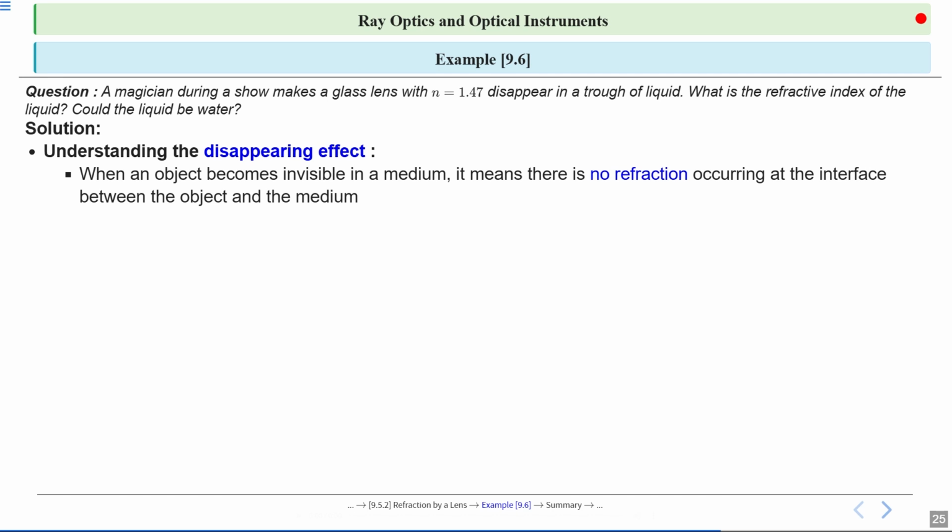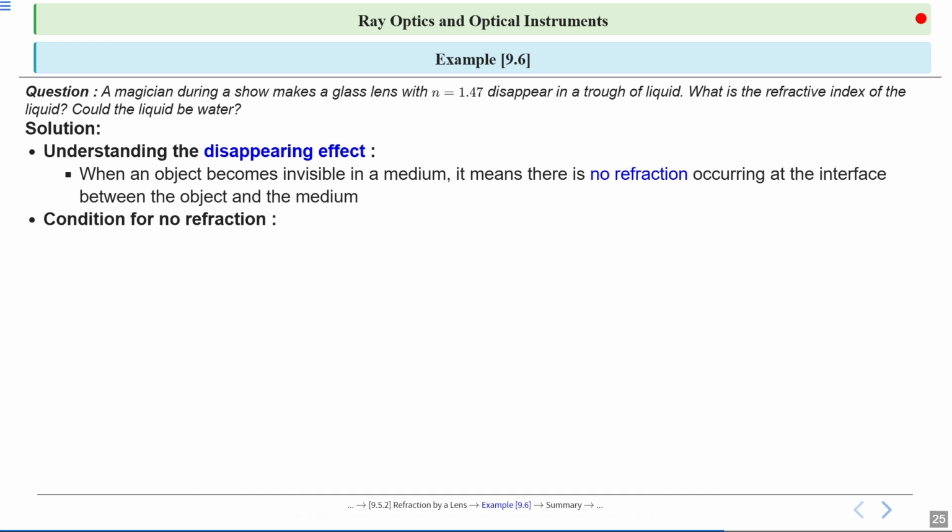That's why that glass lens becomes invisible in the liquid, because our eyes cannot detect the surface that is separating the two media, because refraction is not occurring at the interface between the object and the medium. That is the disappearing effect.